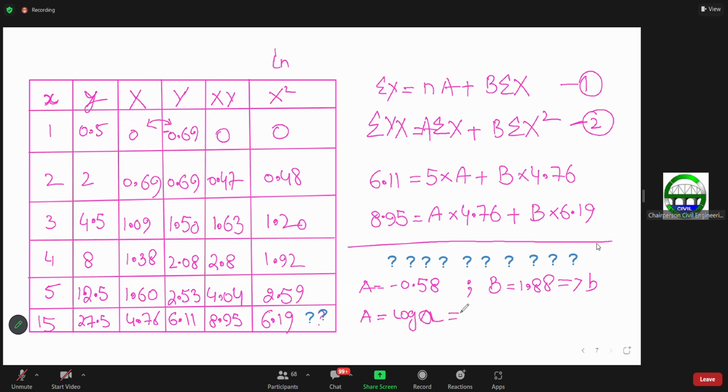And then if we want to calculate, then we will have small a equals to E raised to power capital A, right? Yes, this is correct.